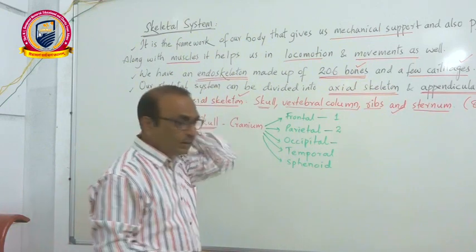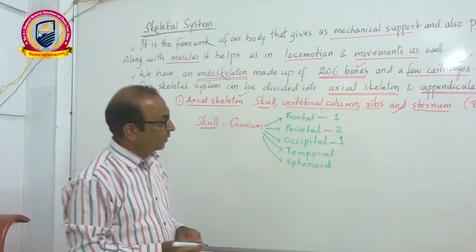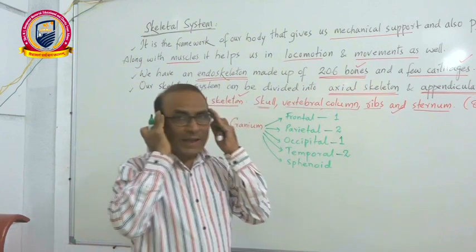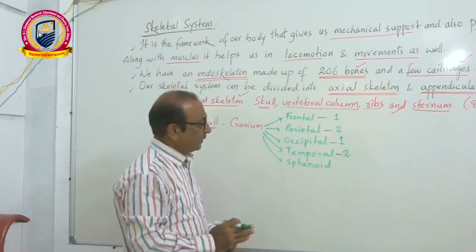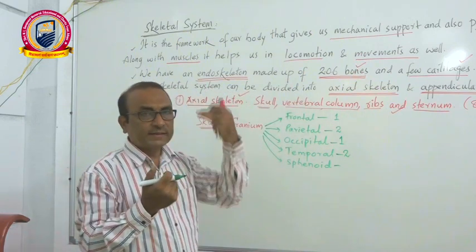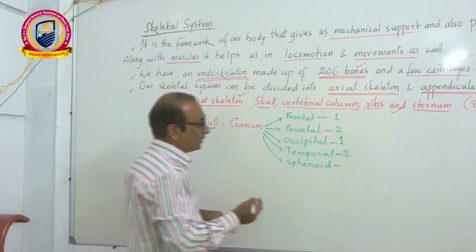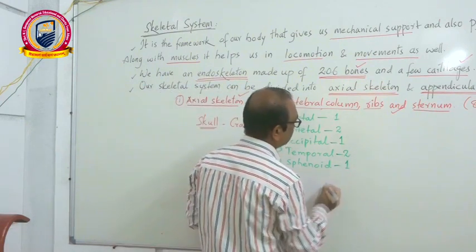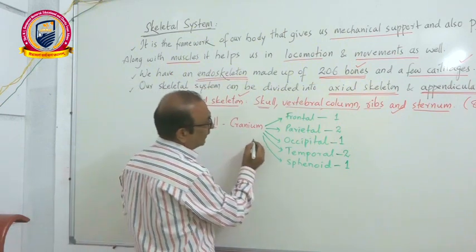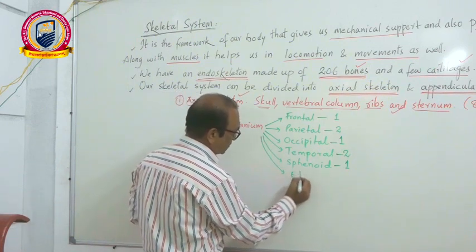one occipital in the back region of our head. There are 2 temporal bones on either side of our head, and then sphenoid, which we cannot see from the outside, so it is inside the cranium. So one sphenoid bone we have, and another one is ethmoid.